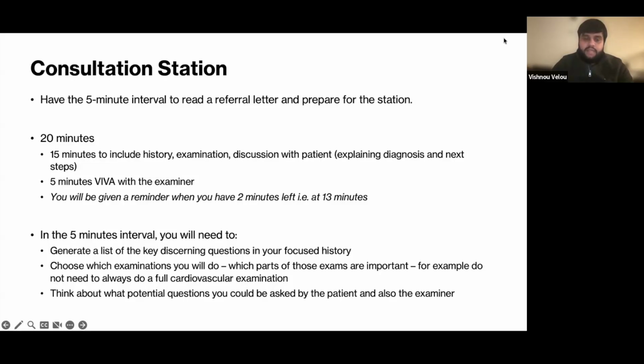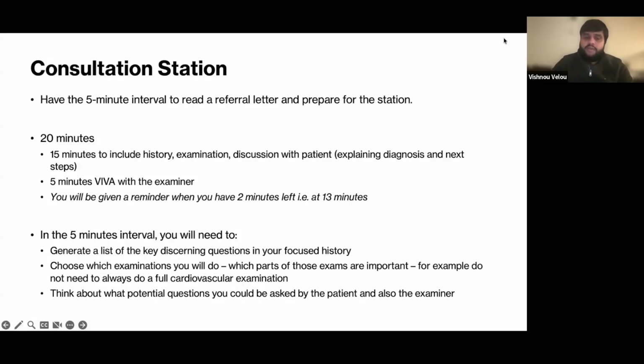Those 5 minutes before you even enter the station are really key, because it's your chance to work out what questions you want to ask in your focused history. Remember, you've got 15 minutes to do quite a lot. It's also about which examinations you're going to do and which parts of those exams are important. You don't always have to do a full system exam.